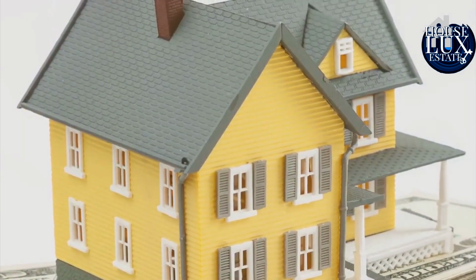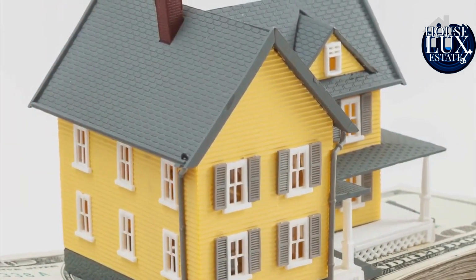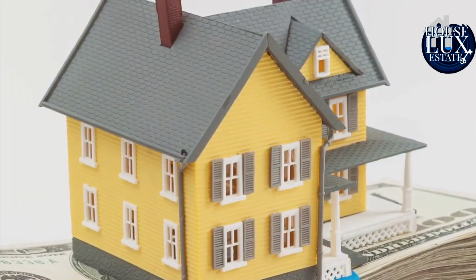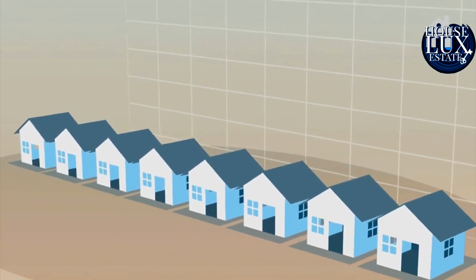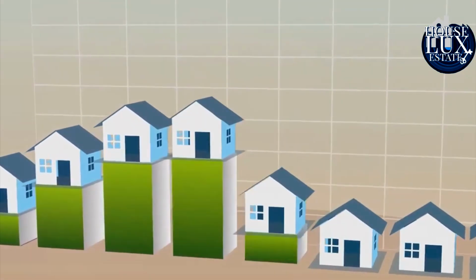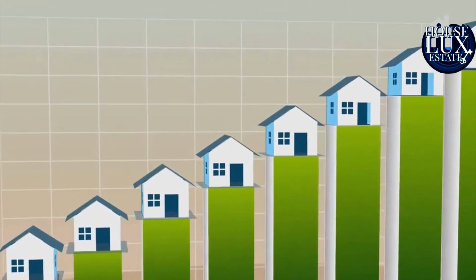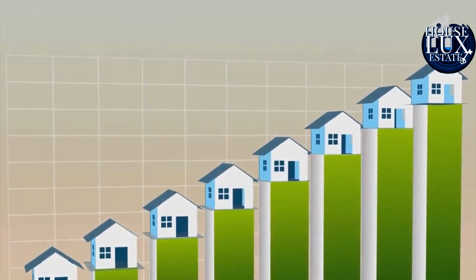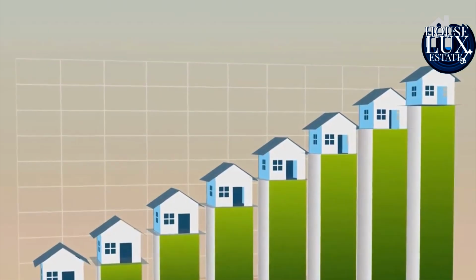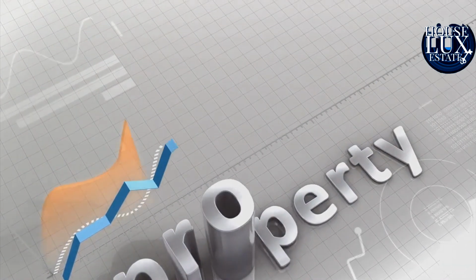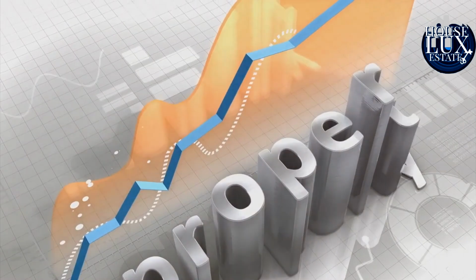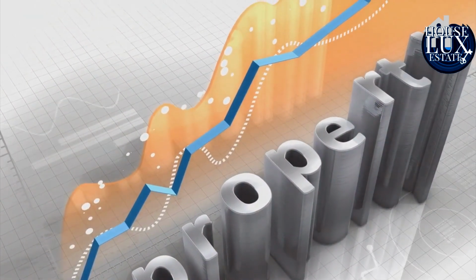Timing is crucial too. The real estate market tends to be cyclical, with periods of high activity followed by slower times. Supply and demand in real estate are also affected by broader economic factors. For example, a strong economy with low unemployment rates can increase the demand for homes, as more people have the financial security to buy. Conversely, during economic downturns, demand may decrease as people's purchasing power diminishes.